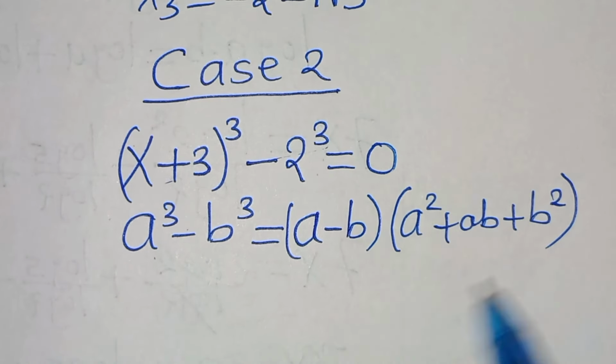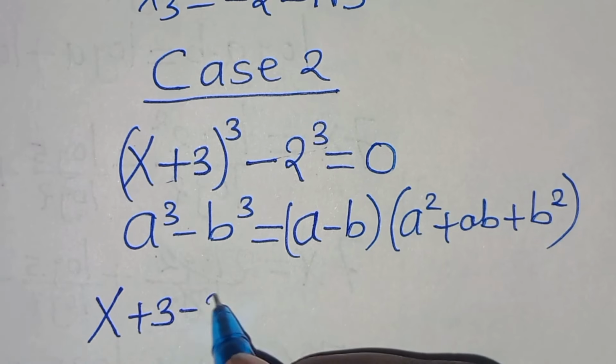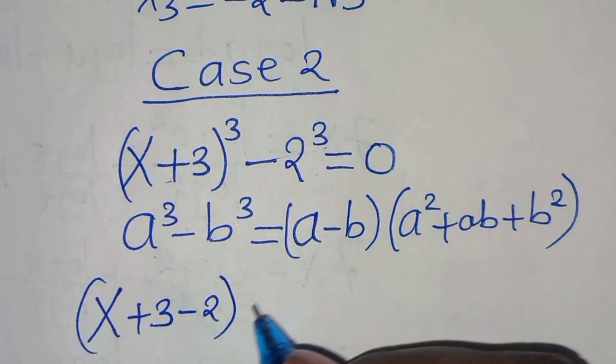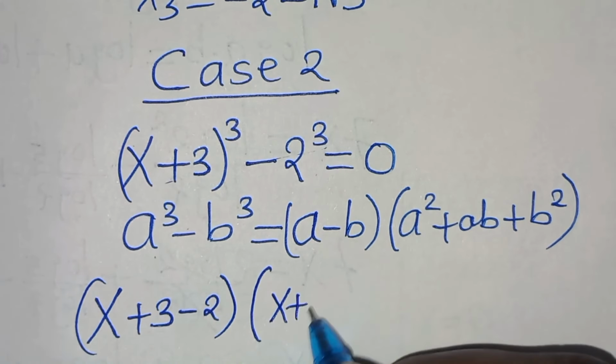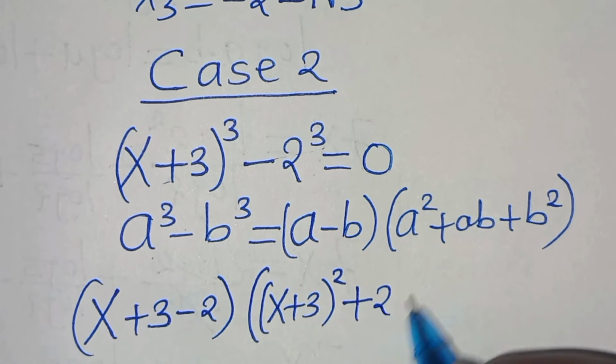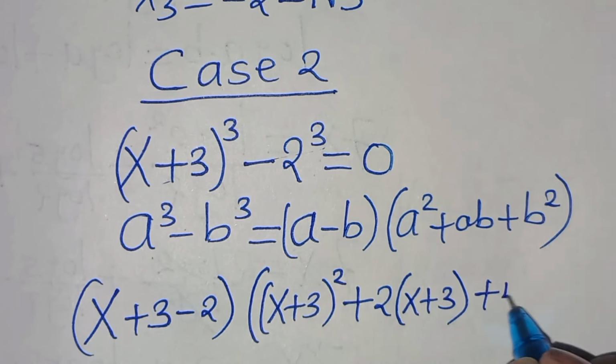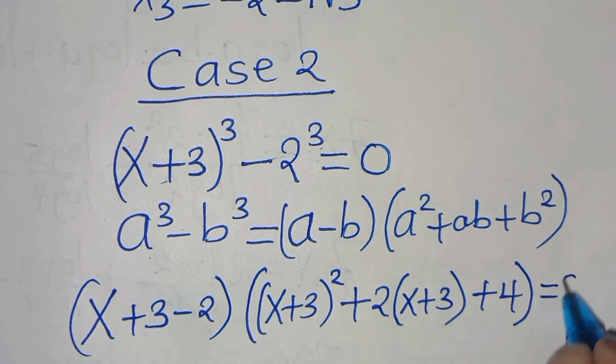Applying this identity, we have (x plus 3 minus 2), then (x plus 3) raised to the power of 2 plus 2 multiplied by (x plus 3), then plus 2 squared, which is 4. This is equal to 0.